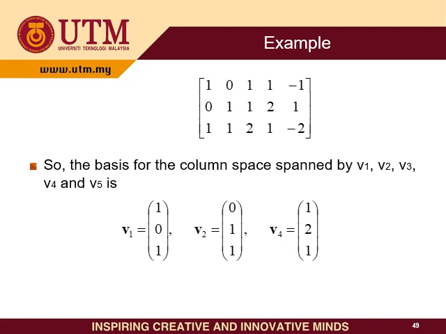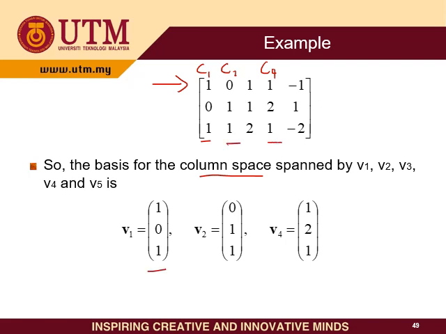Remember, for column space, we need to look back at our A here, and find column 1, column 2, and column 4, which are the leading 1s in our row echelon form matrices. So when you find them, the basis for the column space spanned by V1, V2, V3, V4, and V5 is C1, C2, and C4.